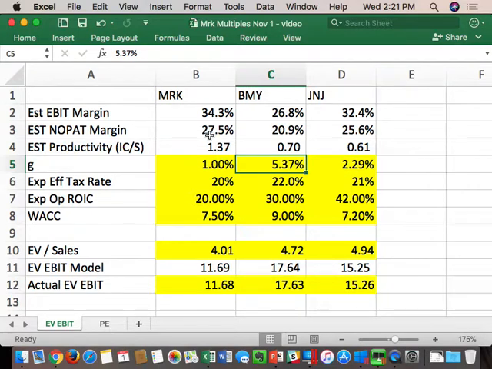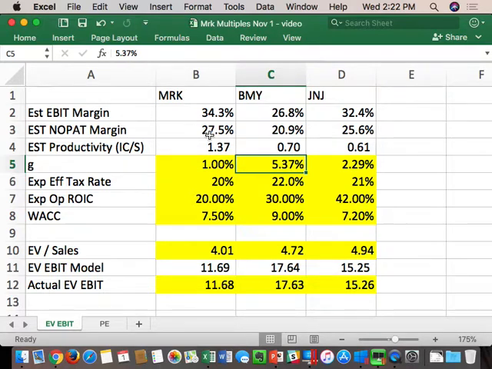Merck. Therefore, when they sell stuff, they make more cash. They make 34 cents. Who has the highest reinvestment in the industry? Who's reinvesting the most? Merck. That's what the productivity tells me.